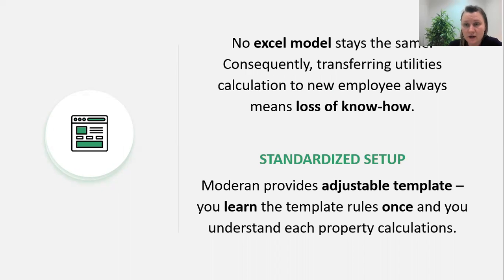You can adjust it according to the rules in the specific properties, but the advantage is that your team has to learn the rules once, and once they've learned, even if they see a completely new property, they know how Moderan rules are working, so it's so much easier for them to understand how the utility calculations work in each property. And we actually have experience with the fact that it's relatively easy to transition from one property to another without much confusion in terms of how the calculations are done.